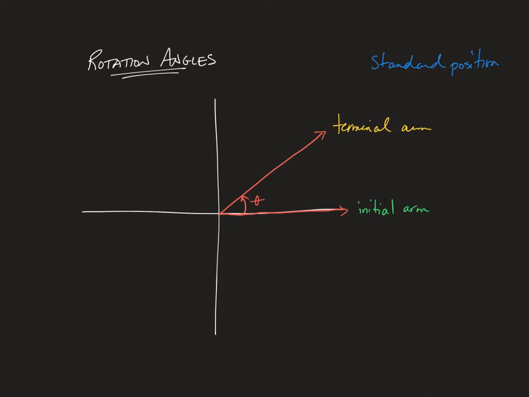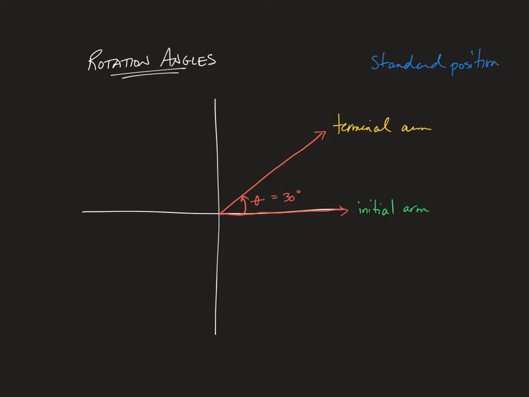Just for argument's sake, let's say that we were going to call that angle theta 30 degrees. Then we would have created an angle of 30 degrees between our two arms. Hopefully that makes sense. My picture is maybe not quite as proportionate as it should be, however, that should give us an idea of how we can create an angle.